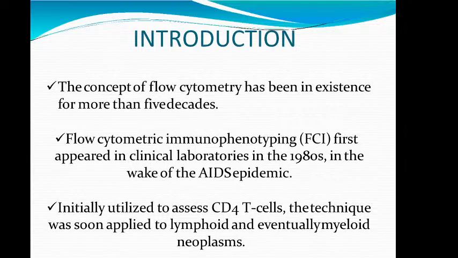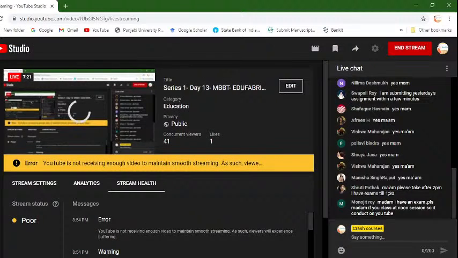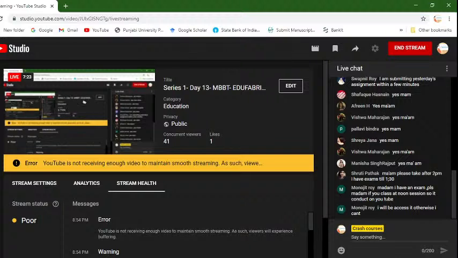Now what is basically a cell? Does any one of you know what a cell is, or the organelles which are there in the cell? No worries, we will discuss the timings later. Please let me know.